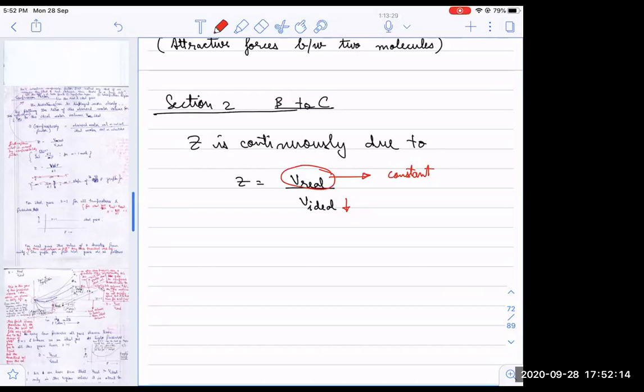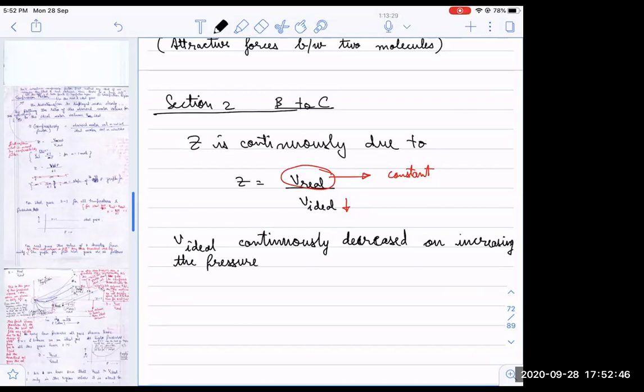But with the increasing amount of pressure, what will change? V ideal will change. So V ideal continuously decreased. Please copy this as well.